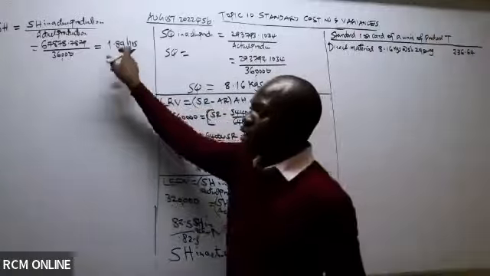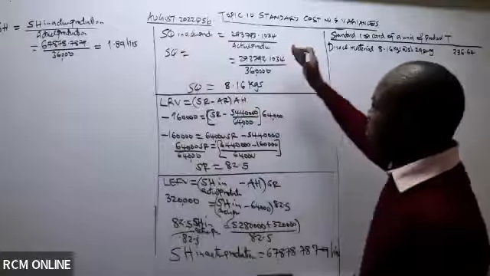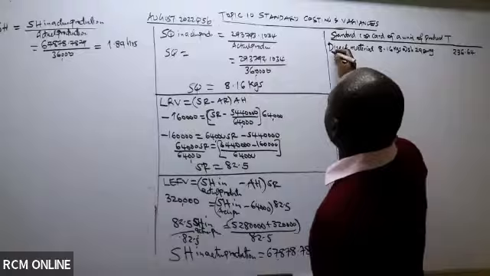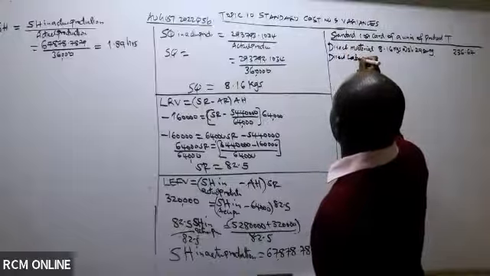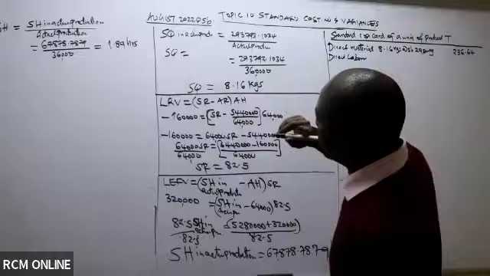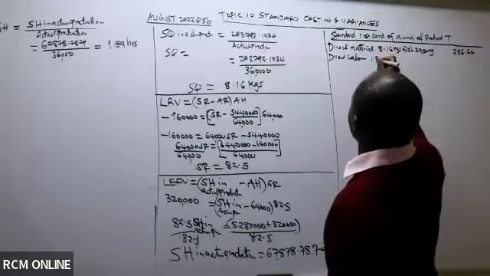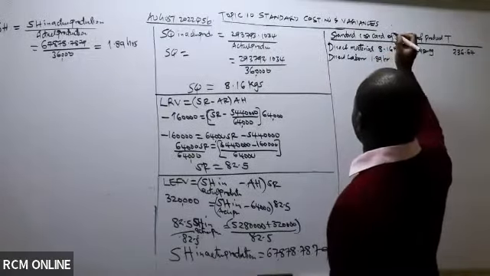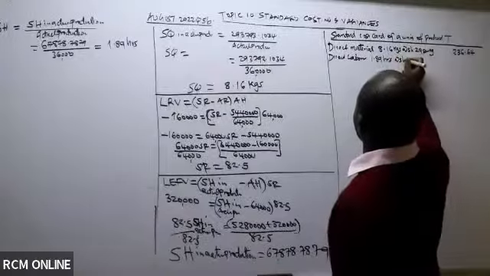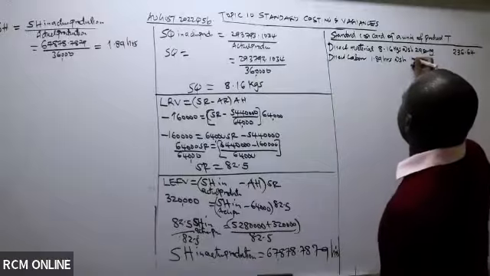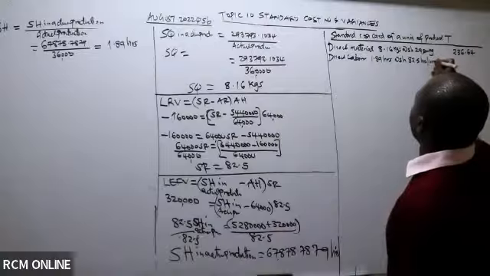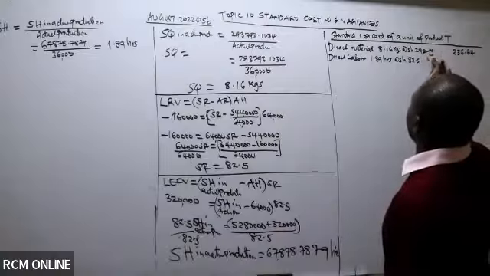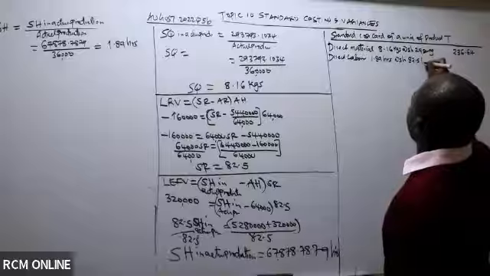Even though the labor rate per hour is 82.5 shillings, for us to produce 1 unit of tea, we need 1.89 hours. So if I have to come up with a standard cost card, direct labor will be 1.89 hours at the rate of 82.5 shillings per hour.